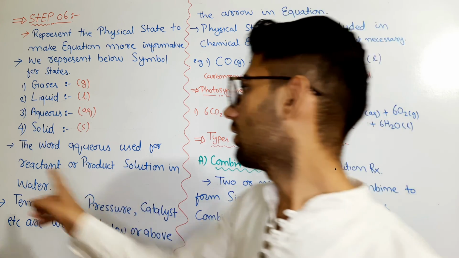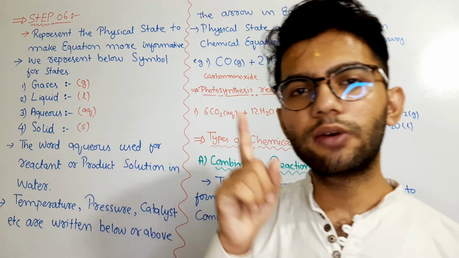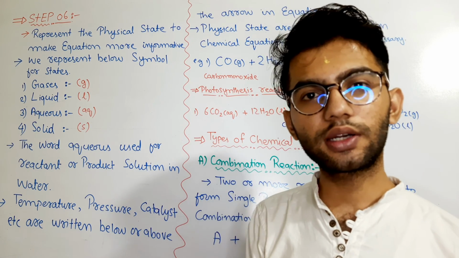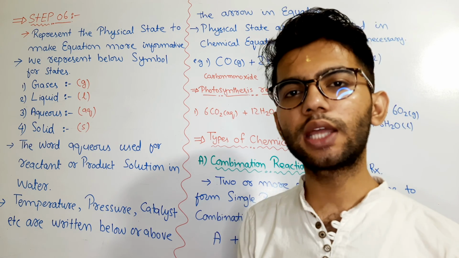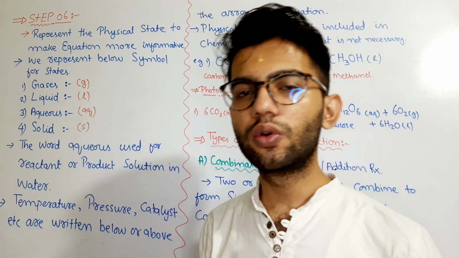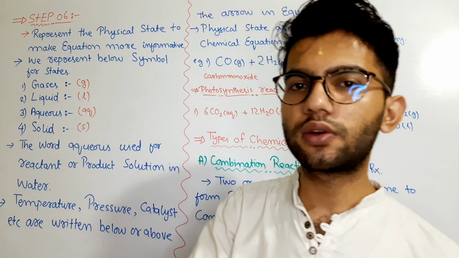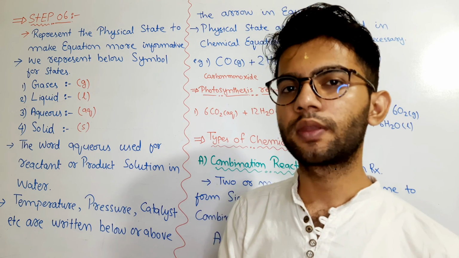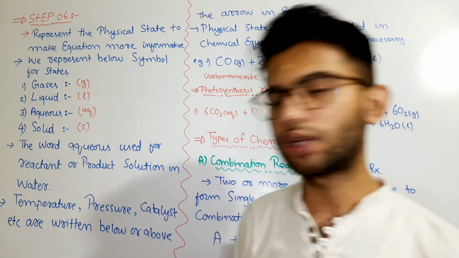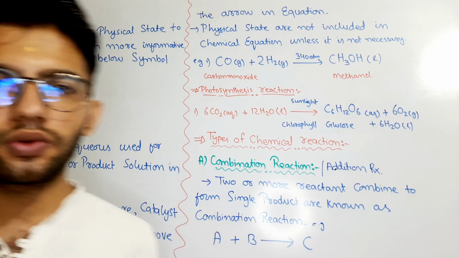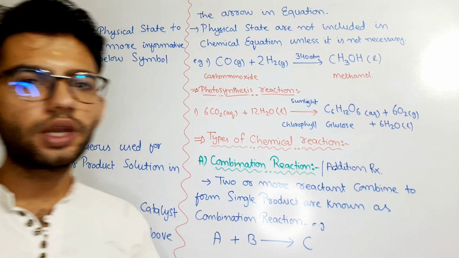Just learn one thing. We use aqueous only in one condition: when our reactant or product is dissolved and present alongside water, not any other liquid. If we put glucose into kerosene or petrol, we will not use aqueous, because aqueous is used only when the reactant or product is present alongside water. This is something you need to keep in mind.